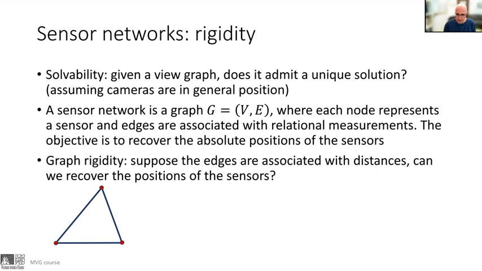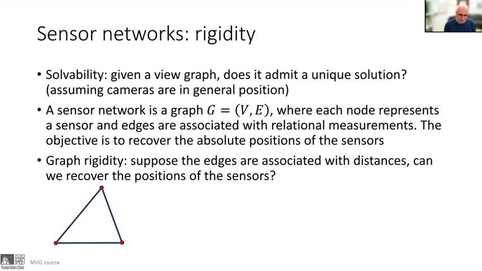Of course, you can know them only up to translation, rotation, and reflection. So let's call those trivial transformations. If I tell you where the first node is, at 0, 0, can you say where the other two vertices are?